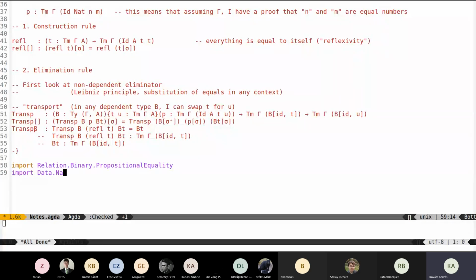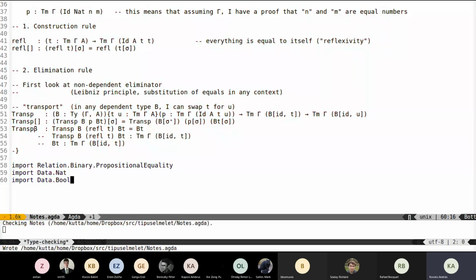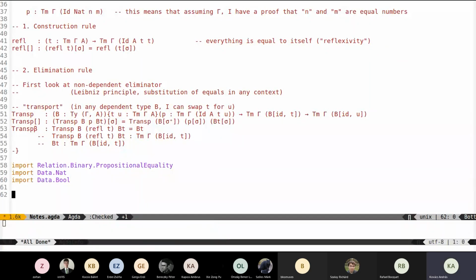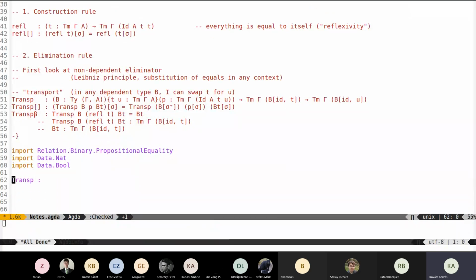Okay, let's also import some natural numbers and some booleans. And let's define this trans. Let's call it exactly the same way as in these notes.